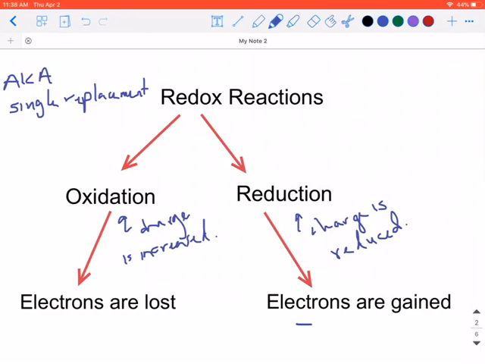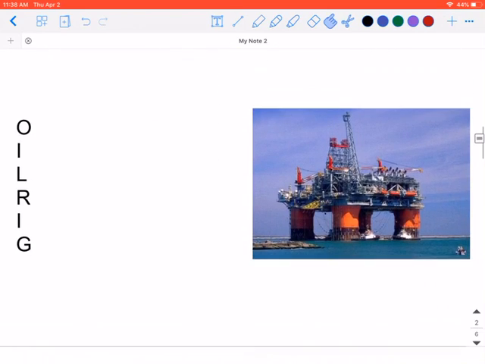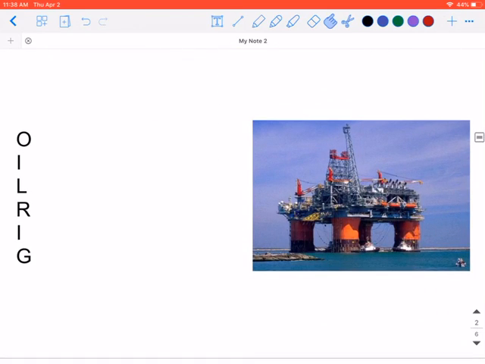Okay, so cool. Let's go over a little acronym to help you remember oxidation versus reduction. I like to use OIL RIG. You might hear LEO GER or Leo the lion says GER. Those are the dumb acronyms, right? The way to go is definitely OIL RIG. So, the O is oxidation, the I is, and then the L is loss of electrons.